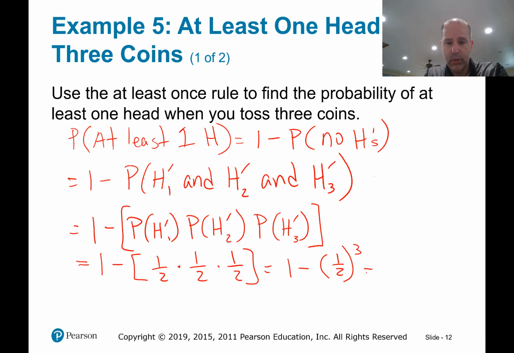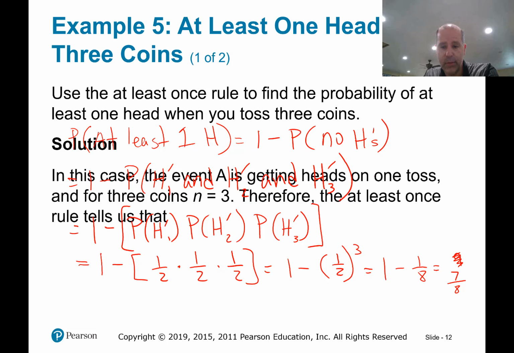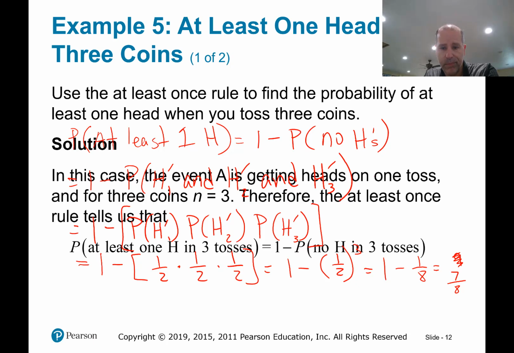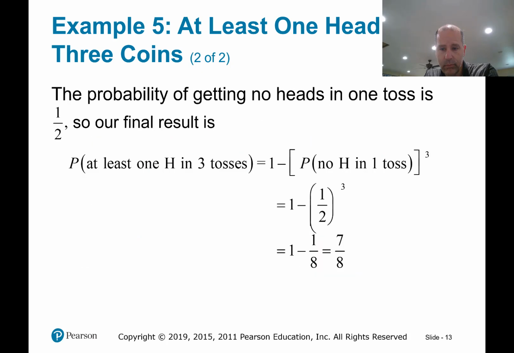So this is equal to 1 minus 1/8, which is equal to 7/8, which again, I would write as a decimal out to 3 decimal places. All right, there you go. See, we got the same answer.